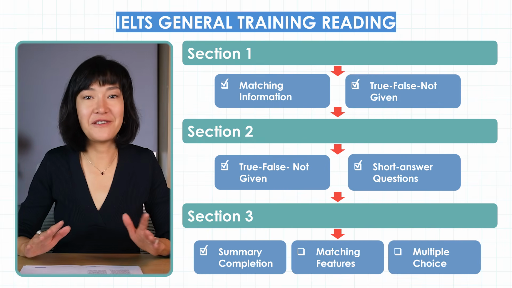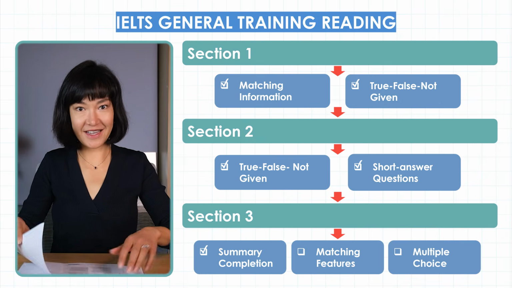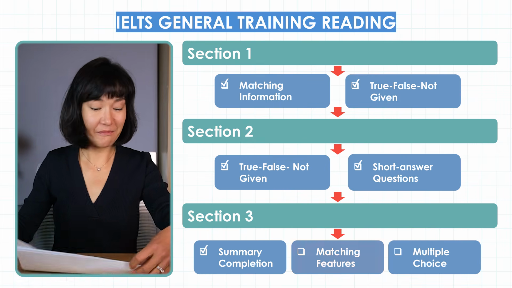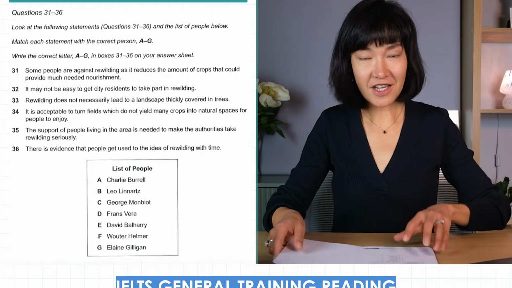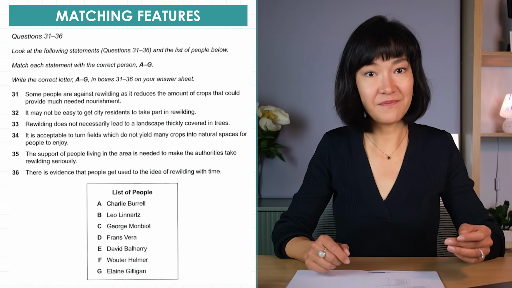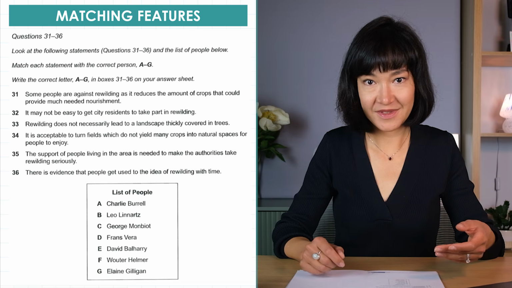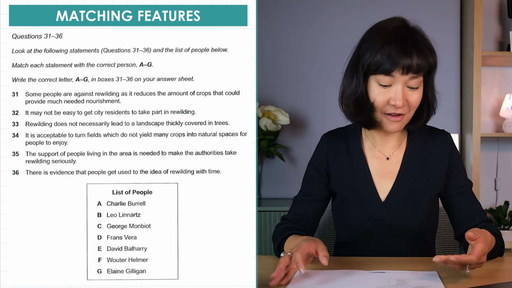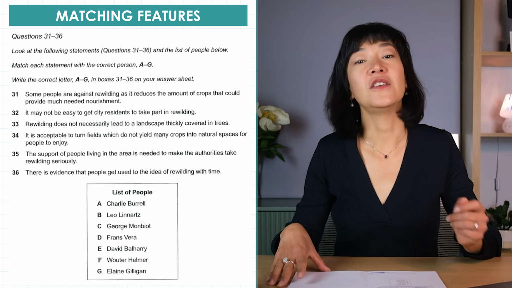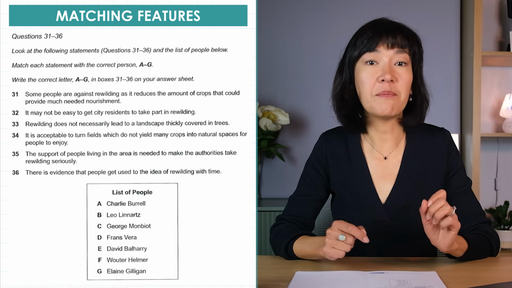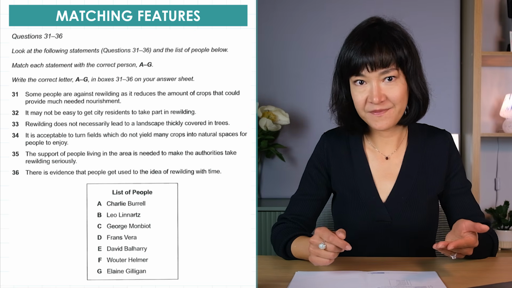Next, we have a very different type of task that requires a completely different strategy, matching features. The task gives you a list of statements and a box with options. In our case, the options are researchers' names. Your job is to decide which statement matches which person.